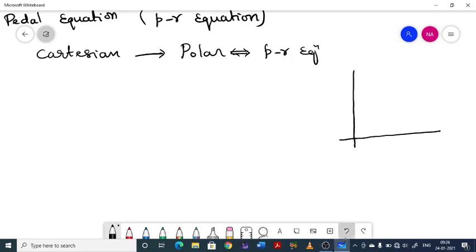As we had in the previous case, suppose you have the x-axis and y-axis, which we call the initial line. In the case of the polar coordinate system, this is called the pole, and this is the line corresponding to theta equal to pi by 2. Suppose you have some point here through which the curve is going to pass.